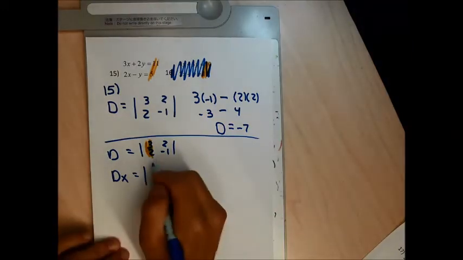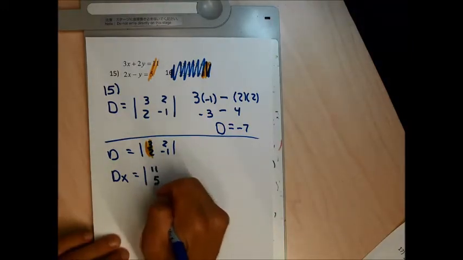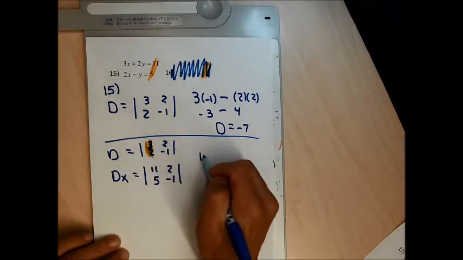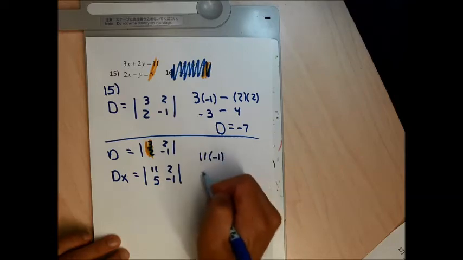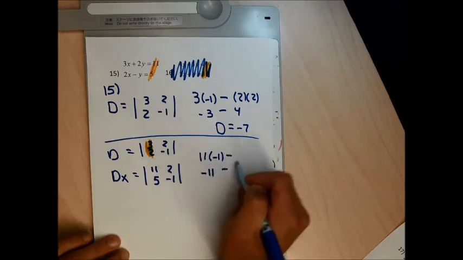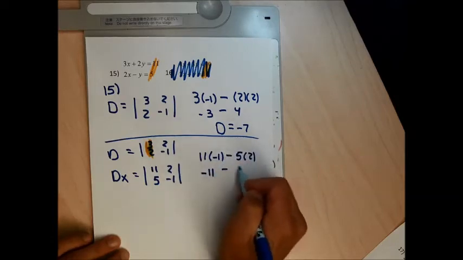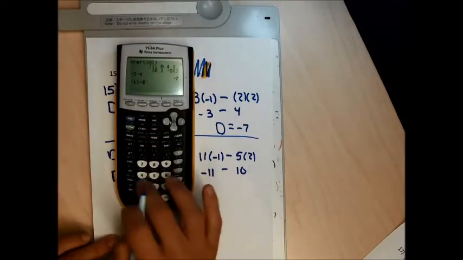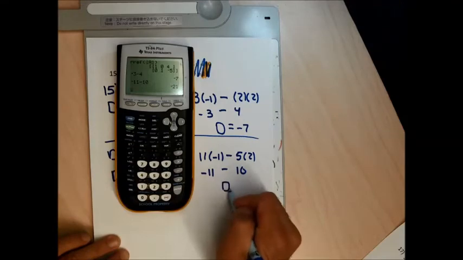So I'm going to go 11, 5, 2, negative 1, and go 11 times negative 1, which is negative 11, and then minus 5 times 2, which is 10, and negative 11 minus 10 is negative 21, so D sub x is going to be minus 21.